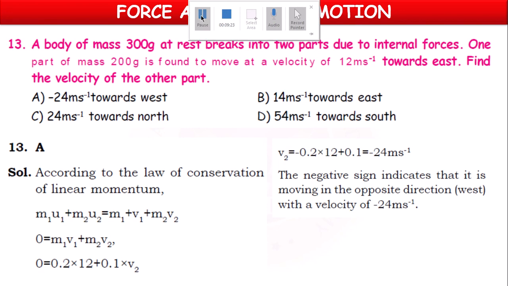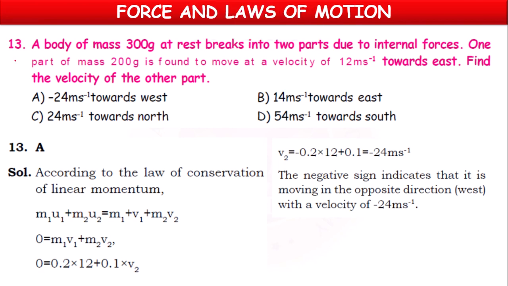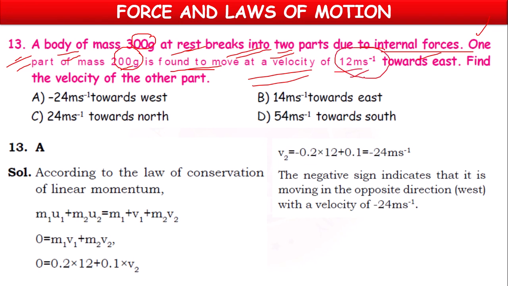Next children, 13th question. A body of mass 300 grams at rest breaks into 2 parts due to internal forces. One part of mass 200 grams is found to move at a velocity of 12 meter per second towards east.